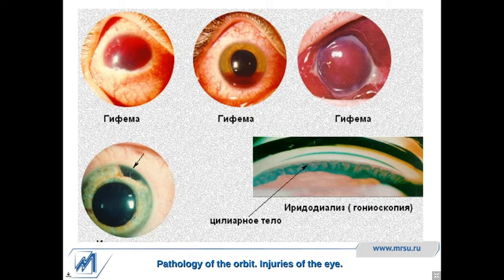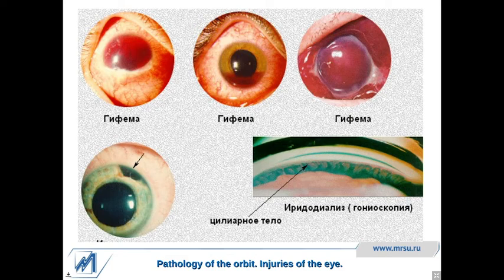The moderate stage can be with hyphema, for example, or with damage of the cornea, also erosion of the cornea, damage of the pupillary edge. With the severe stage, there can be damage, for example, of the sclera under the normal conjunctiva.